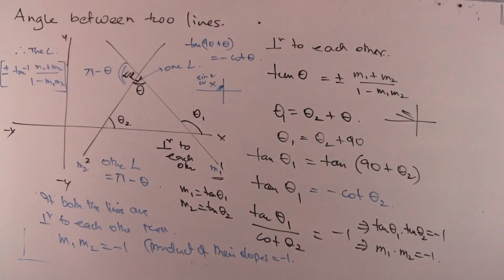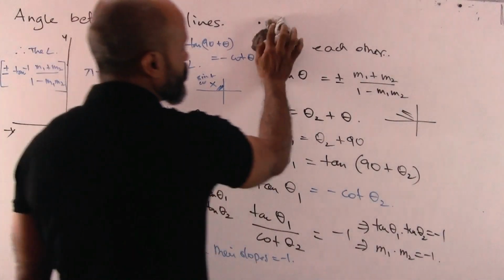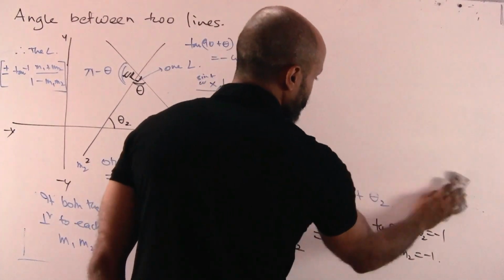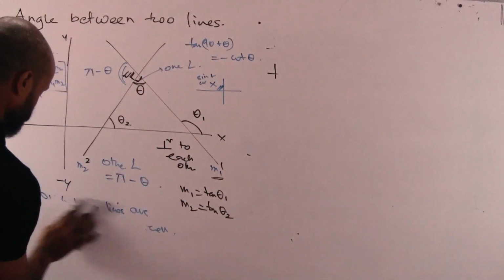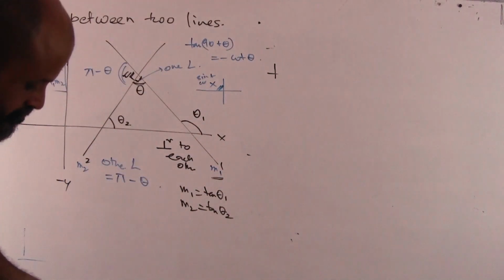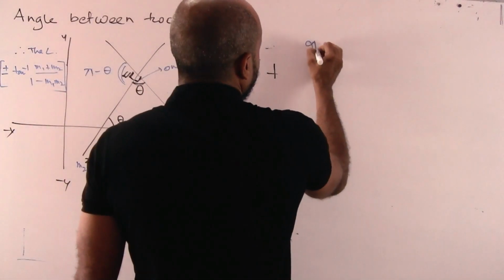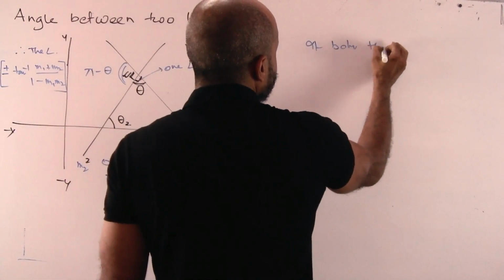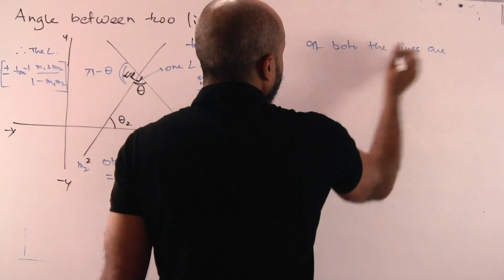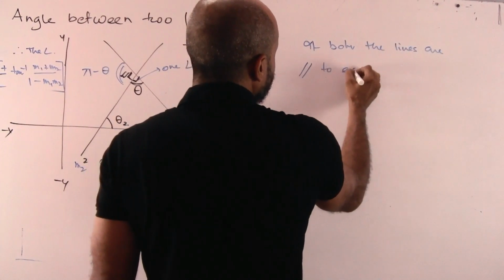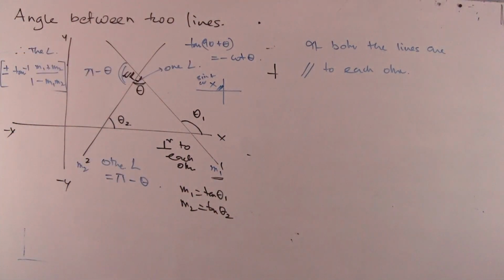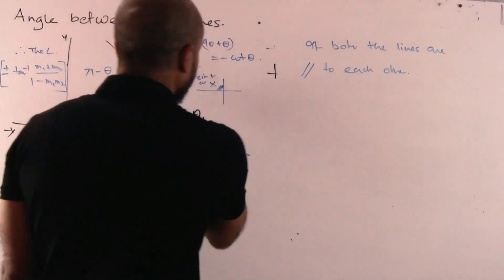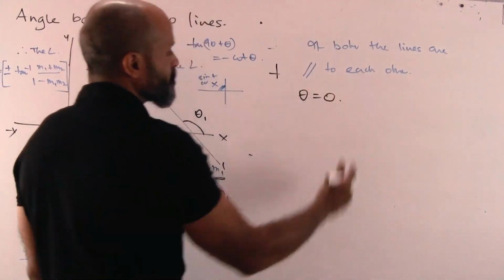Okay. Now, we will take the case when both the lines are parallel to each other. So, let us take that case here as well. If both the lines are parallel to each other, obviously the angle between them, this theta, will be equal to 0.